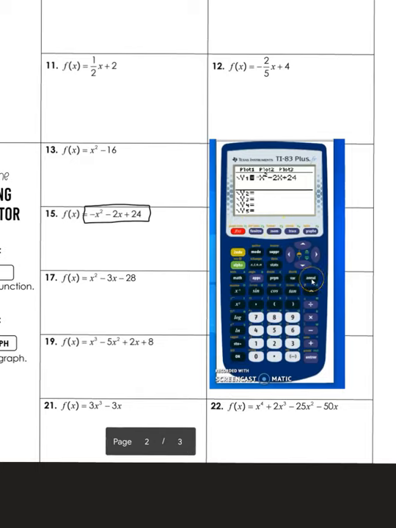If there's something in there, you need to clear it out. Clear is right there. Then you're going to type in -x squared minus 2x plus 24. And then we're going to hit graph.